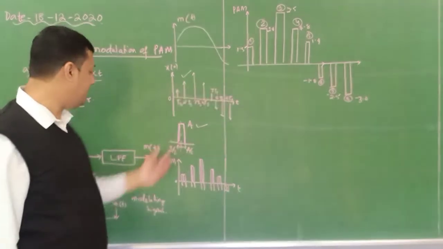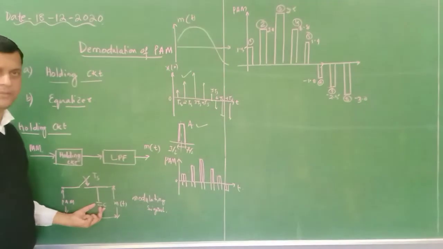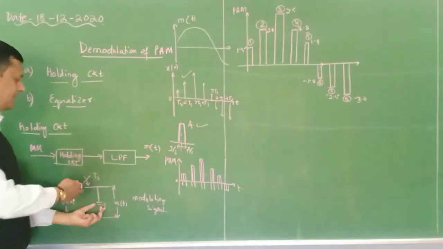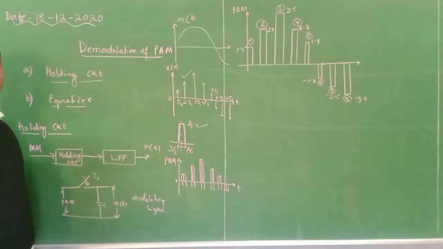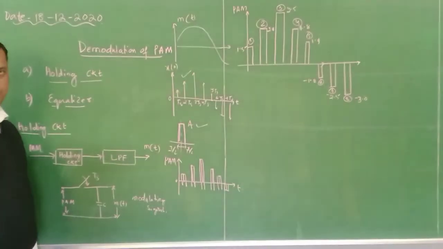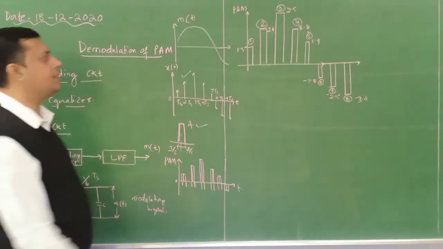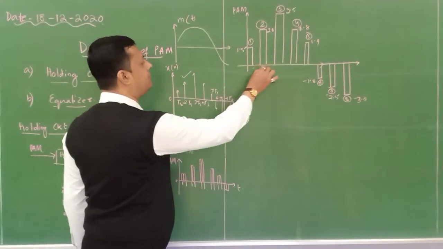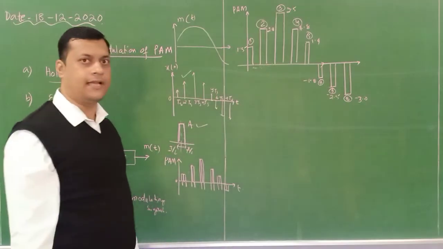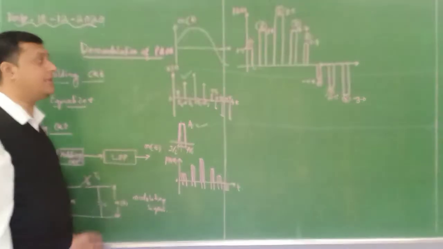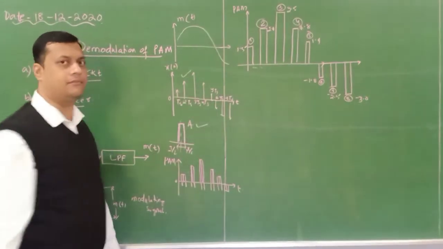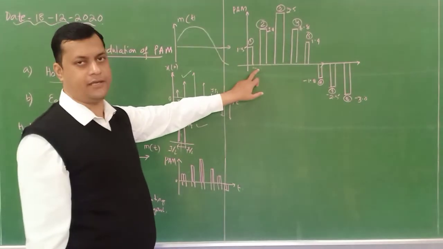Then when it is totally charged to 1.5, the switch will automatically switch off, meaning it acts as an open circuit. If it is an open circuit, there is no potential available between these two pulses. So the capacitor will hold the potential 1.5 for this particular time period.